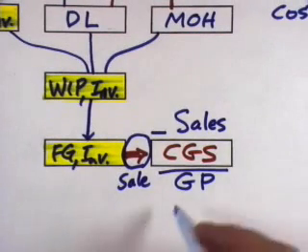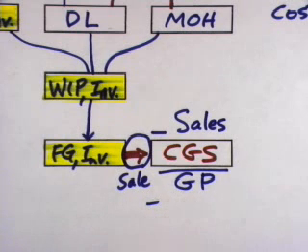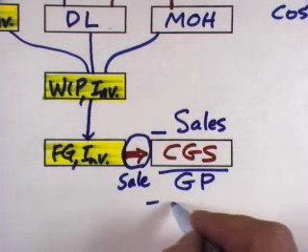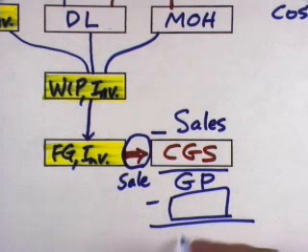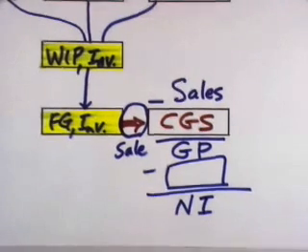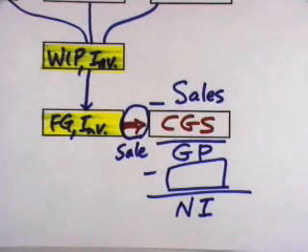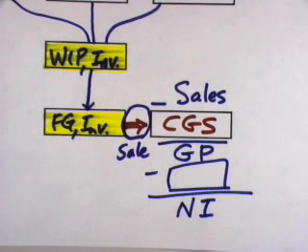And then there's one more cost that I still have to subtract out, because gross profit is not the bottom line. It's profit, but it's gross profit, so I have to subtract one more thing out before I get my net profit or my net income, sometimes just called operating income. The costs that I subtract out of gross profit are called selling and administrative expenses.